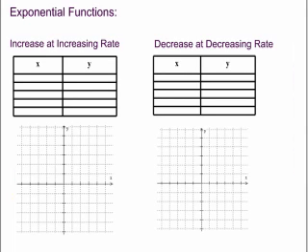And in the case of this, we have what is called an exponential function. So let's look at a couple of examples. An exponential function where we have a rate of change that increases, but at an increasing rate. So I'll pick a few values for x, and then I'll pick a few values for y.